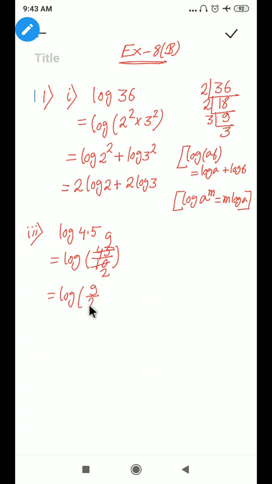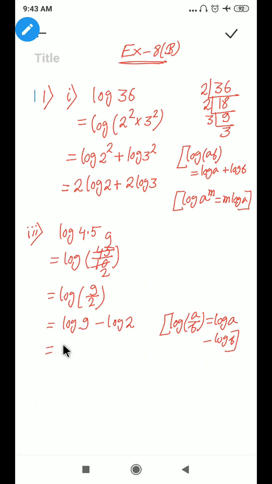9 by 2. Now we know that for division of logarithms, logarithm A by B is equal to log A minus log B. Now you can write log 9 minus log 2.